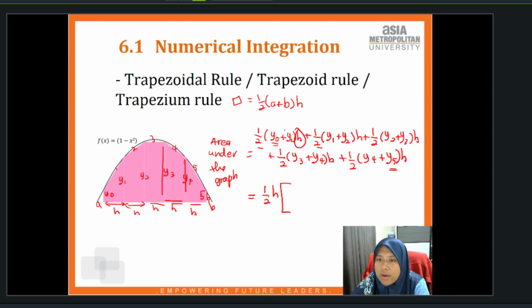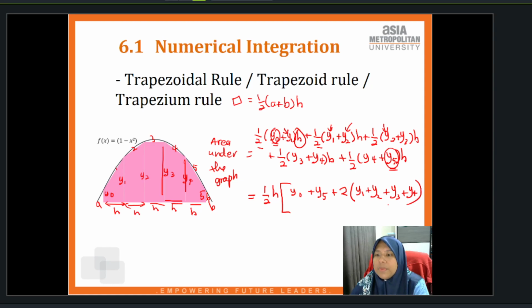Here we have y1, y1, y2, y2, which means other than the first and the last, it is repeating. So we write y0, y5, plus the others other than these two, which are repeating, so 2 times: y1 plus y2 plus y3 plus y4.